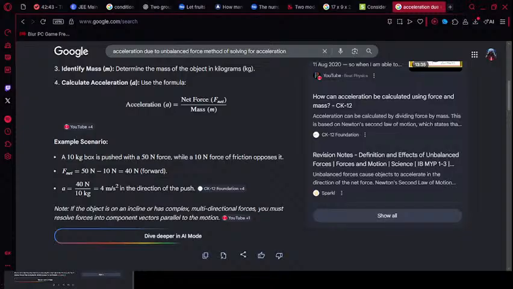If I add up, M1G minus M2G is equal to M1 plus M2 into acceleration, that will be 7A is equal to 50 Newton minus 20 Newton, 30 Newton by 7. 30 by 7 is the acceleration.